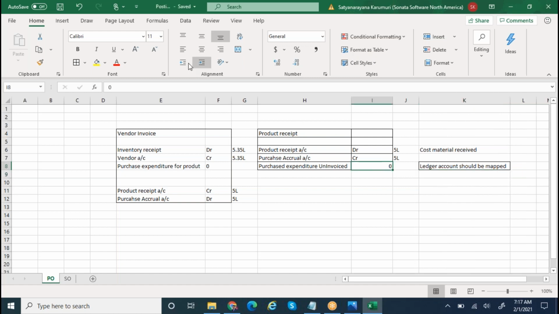If in case any amount is posted here, it will be posted in the reverse.